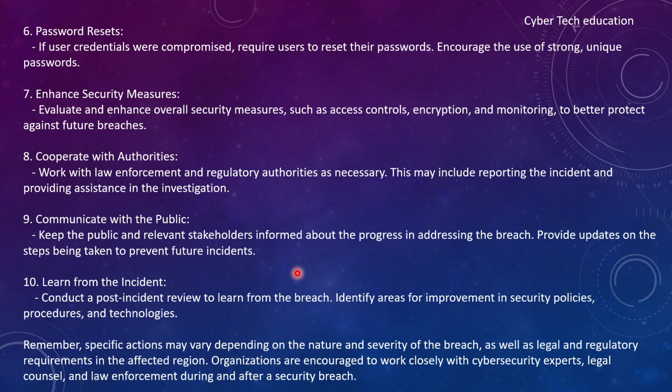Communicate with the public: definitely, communicating with the public is one of the priority tasks, because you keep the public and relevant stakeholders informed about the process of addressing the breach, and provide updates on steps being taken to prevent further incidents. Then, learn from the incident: conduct a post-incident review to learn how we can improve policies, regulations and procedures. So these are the different steps we can take.